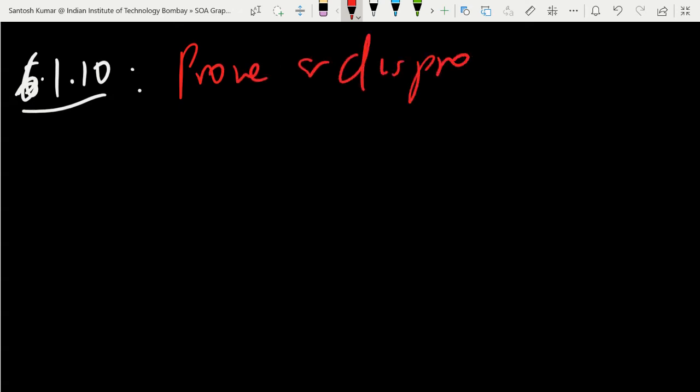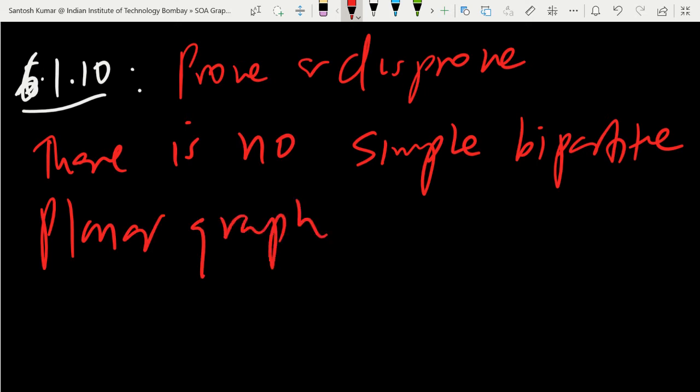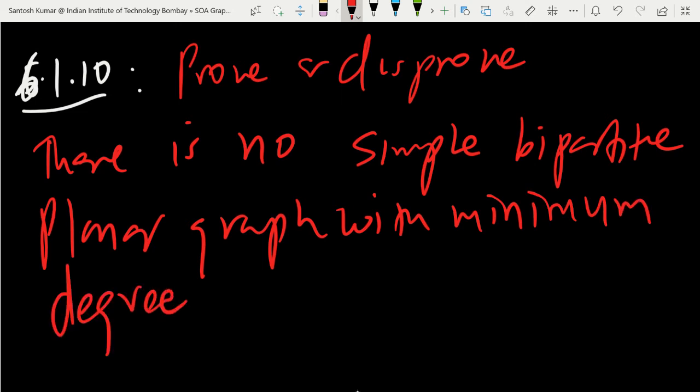And the next question is 6.1.10. So this question is: prove or disprove, there is no simple bipartite planar graph with minimum degree at least 4.